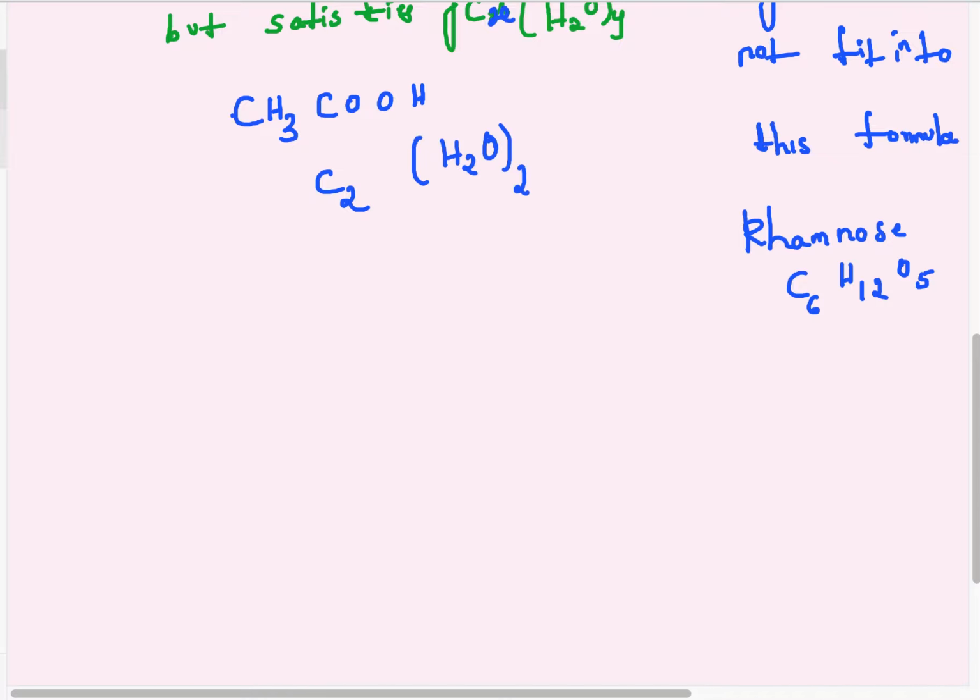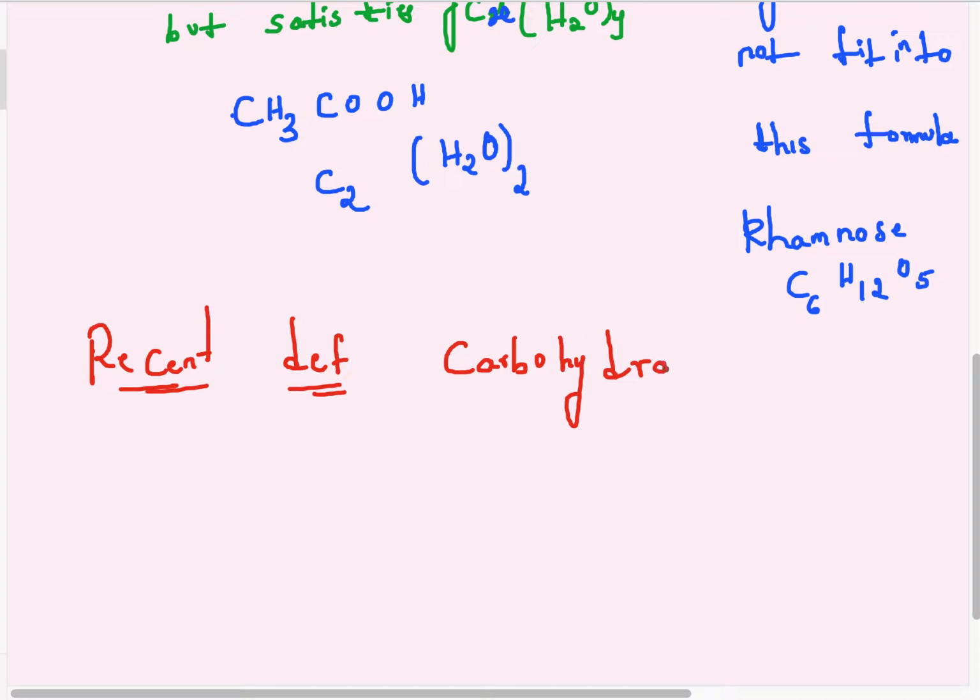Carbohydrates, recent definition I am writing. Carbohydrates are polyhydroxy carbonyl compounds.